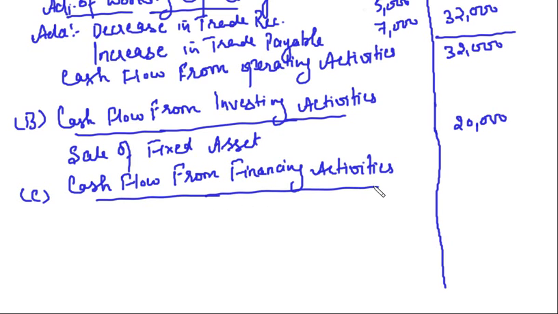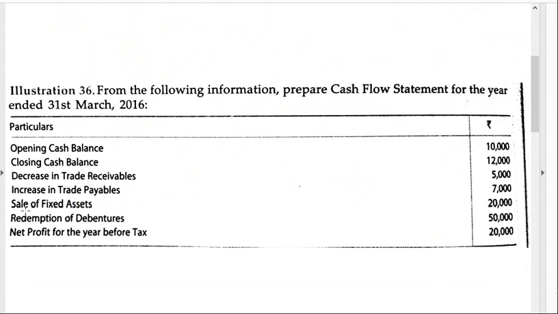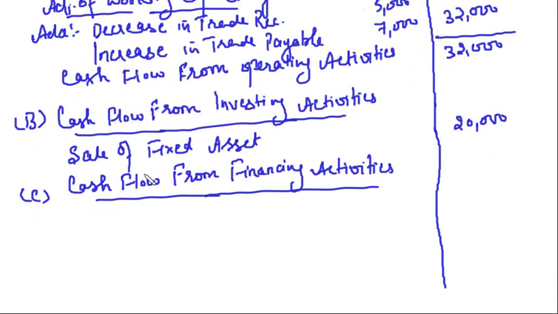Now, let's see what you have related to cash flow from financing activities. Redemption of debentures, 50,000. We have redeemed the debentures, we have paid the money back to the people from whom we have borrowed the money. We are paying the money, that is a cash outflow.